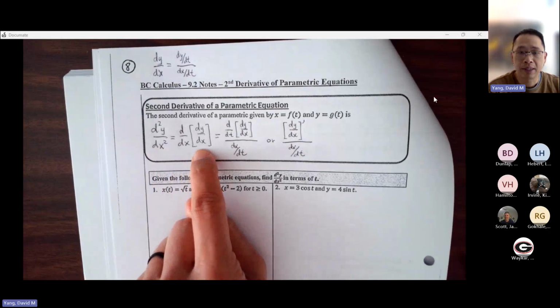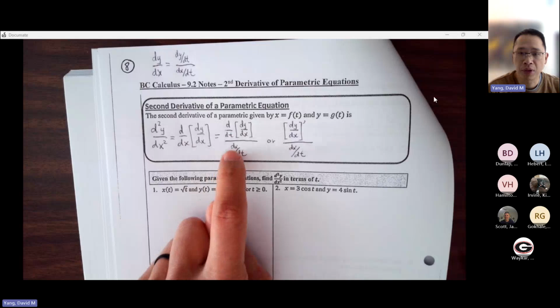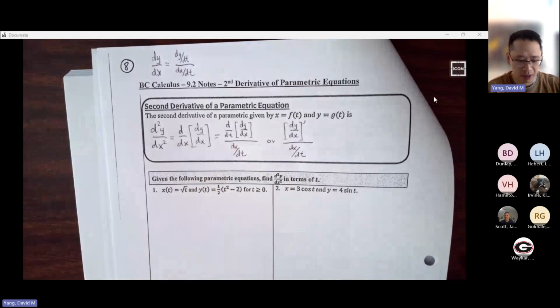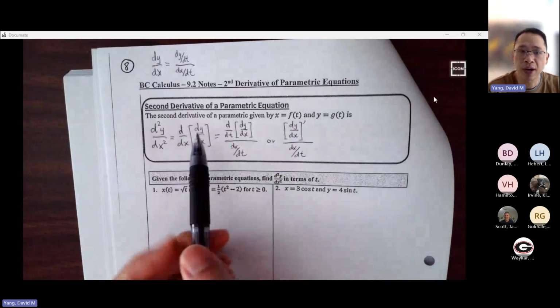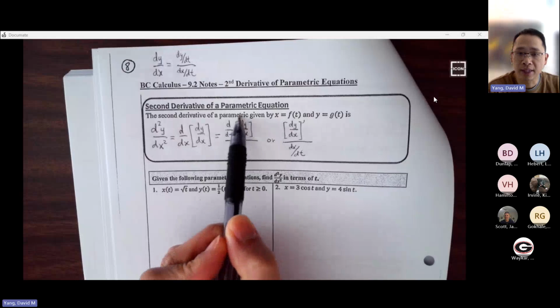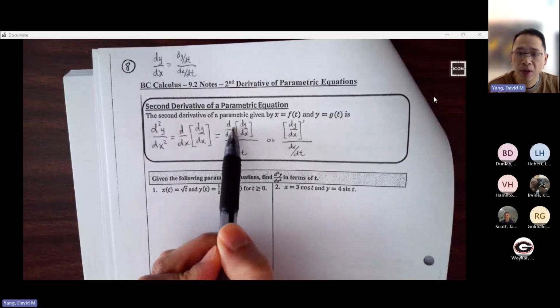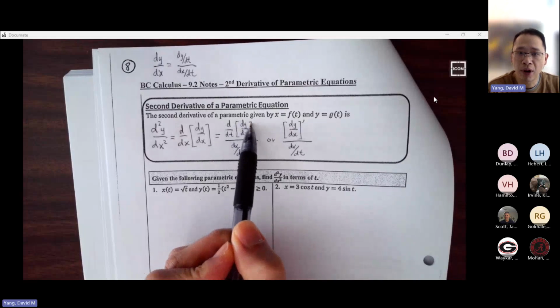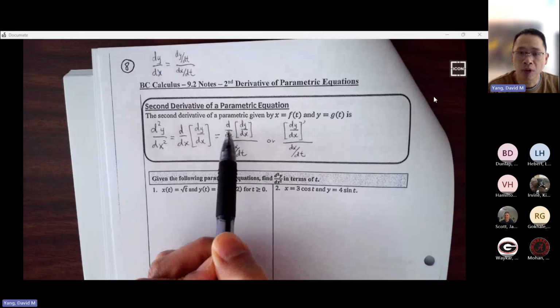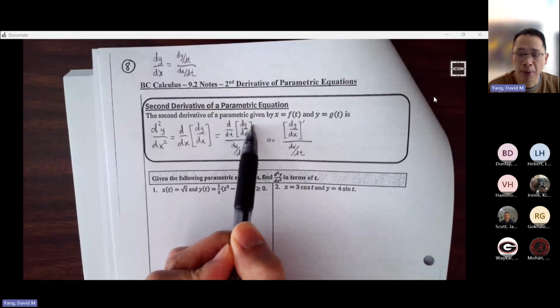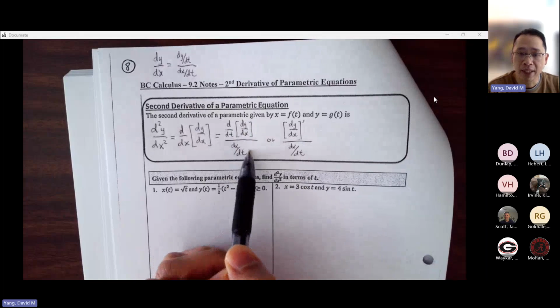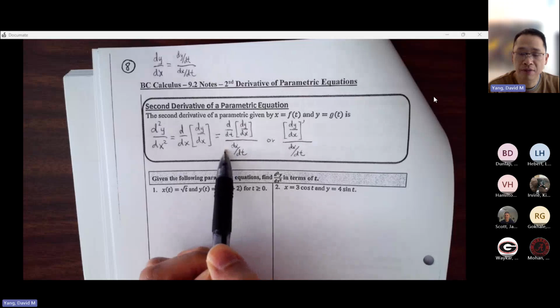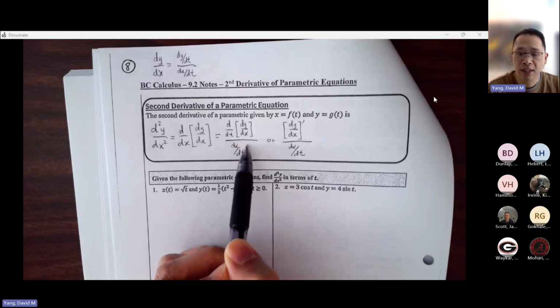But the formula feels like there's an additional component that we're not expecting, because we're going to find the derivative of dy/dx, but really think of this as your y double prime here, or the derivative of your y prime. But then we still have to divide by dx/dt. So this is the part that feels like it's not necessary.